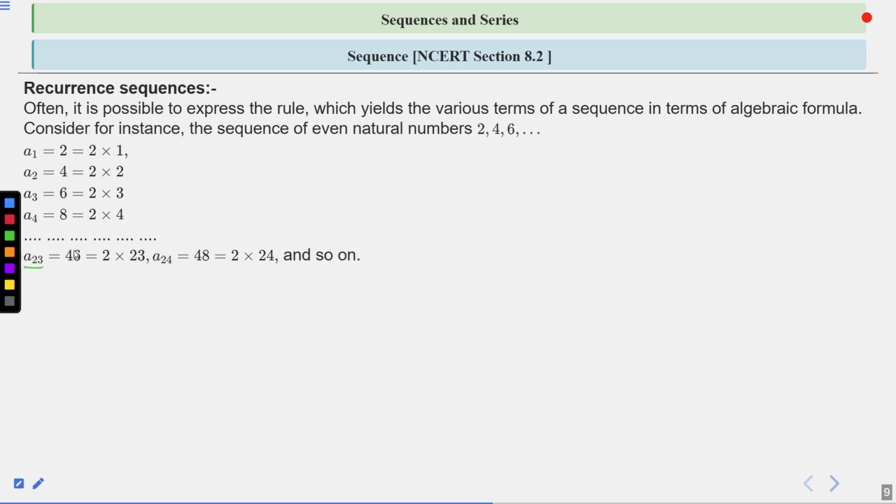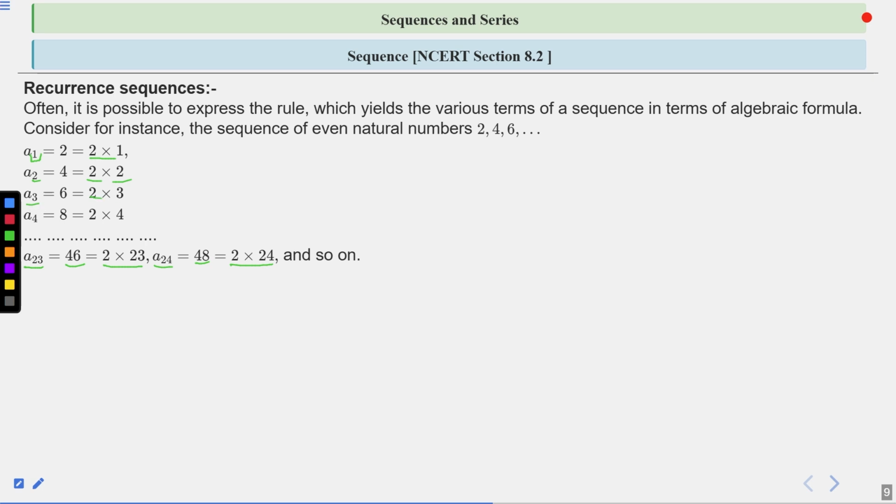A23, quite simple. Without any difficulty, you can write your A23 is going to be 46, which is twice of 23. A24, without any difficulty, 48, which is twice of 24, and so on. So what we have observed from the first 4 terms is that the nth term is twice of n. So the second term is simply twice of 2.